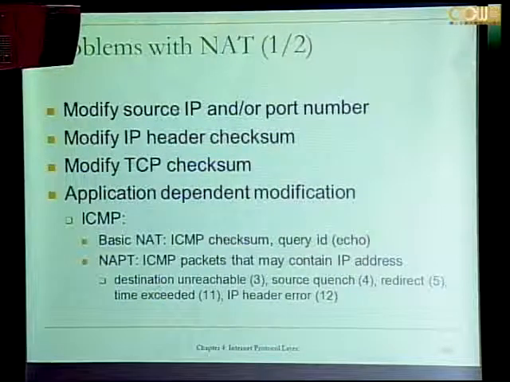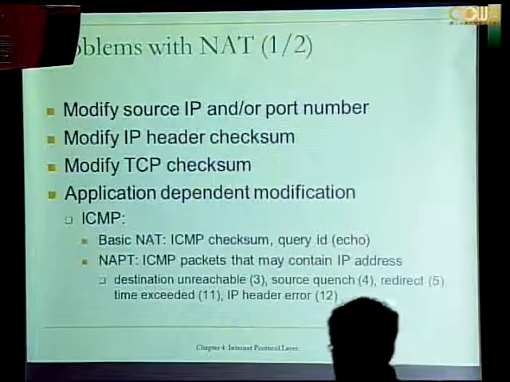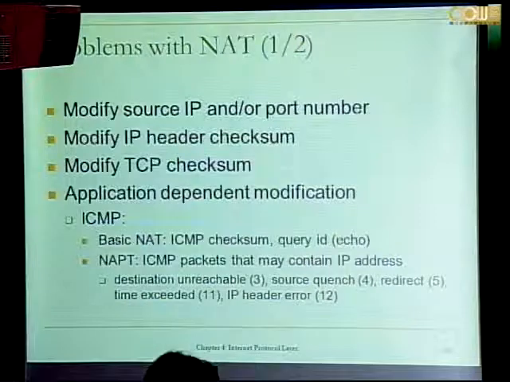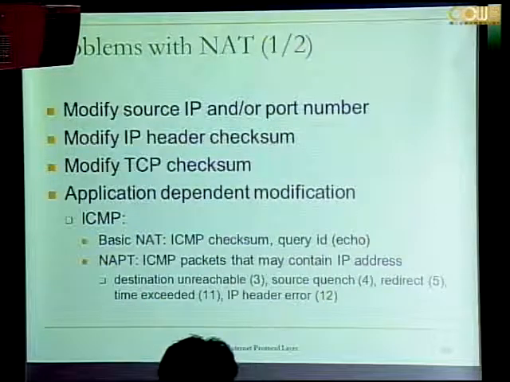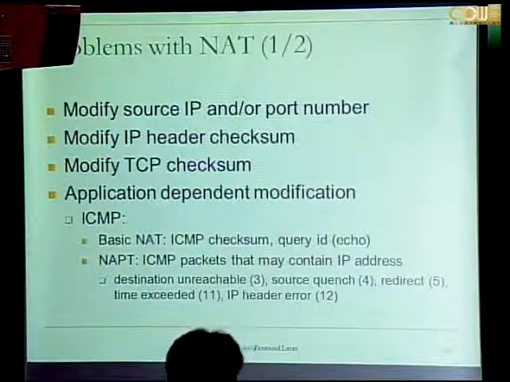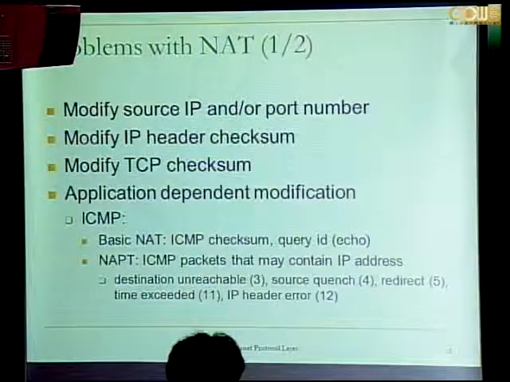See, NAT implementation is very messy. Not because of the address translation. The address translation is easy. You translate the IP address and port number, which is easy. The difficult part comes from the cross-layer issue.